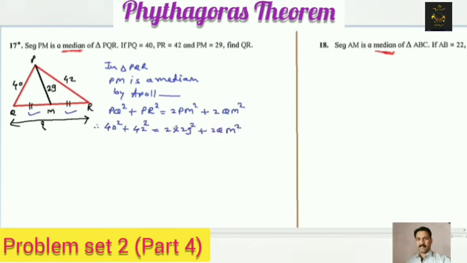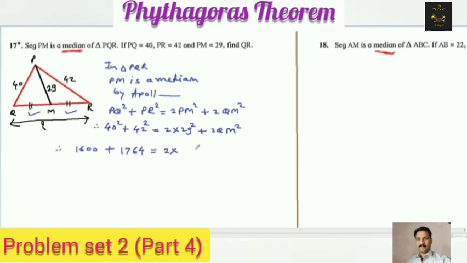Now 40 square is obviously 1600 plus. What about 42 square? Square of 2 is 4. 4 times 4 is 16, 4 times 4 is 16 plus 1, 17, like this. And you can solve by your own method also. 2 into 29 square.